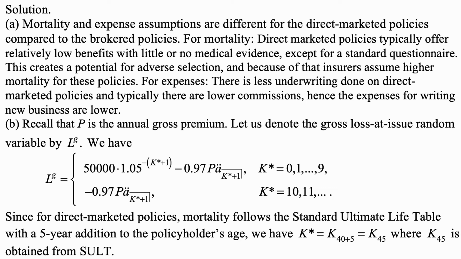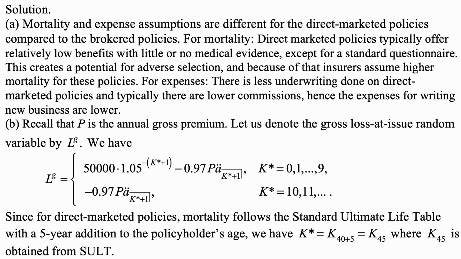Part B. Recall that P is the annual gross premium. Let us denote the gross loss at issue random variable by LG. So we have LG equal to 50,000 times 1.05 to the minus (K star plus 1), minus 0.97, that's premium after expenses, P ä angle (K star plus 1), for K star equal to 0 through 9.